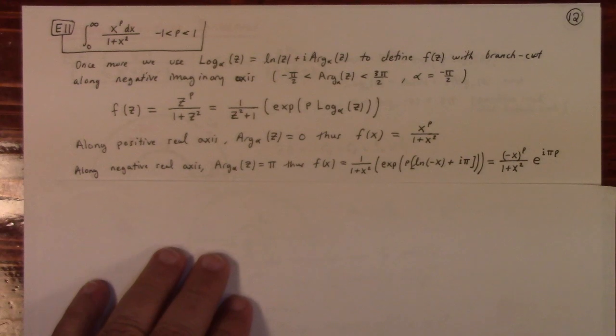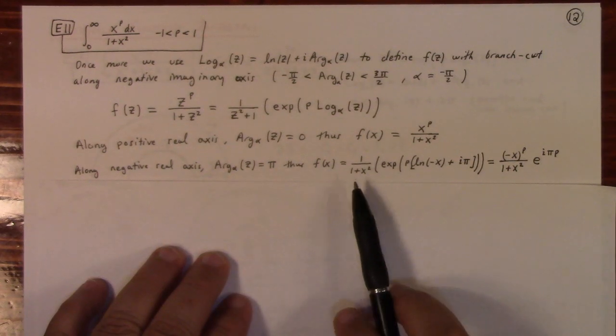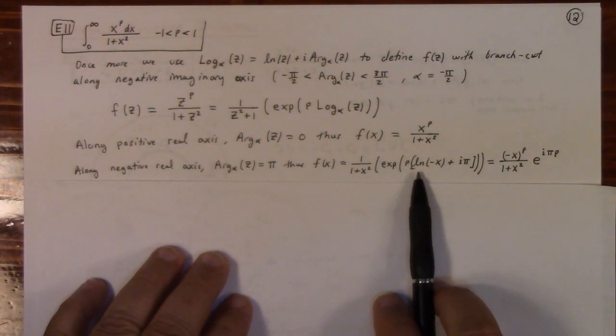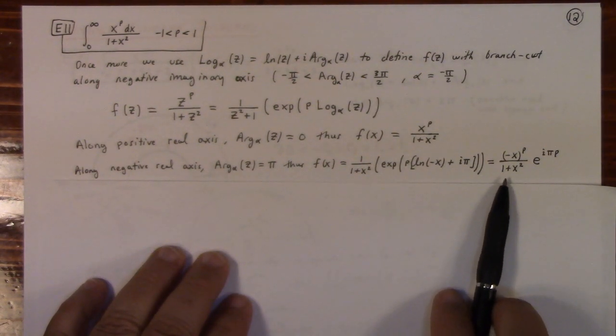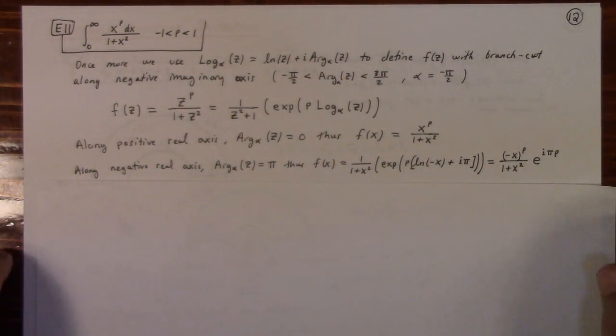But along the negative real axis, arg alpha of z is pi, and so when you simplify, you end up with minus x to the p over 1 plus x squared times e to the i pi p.